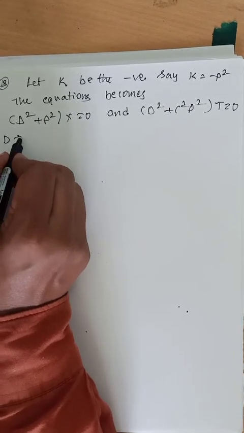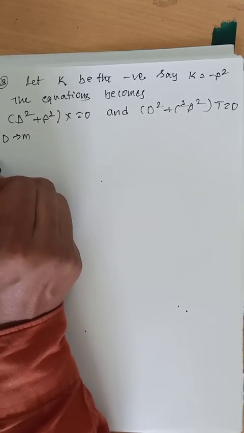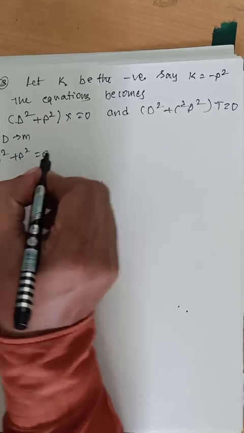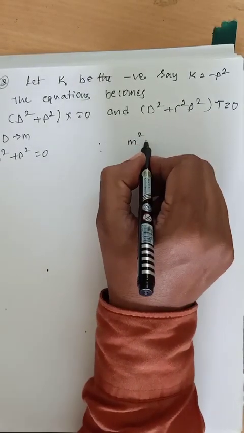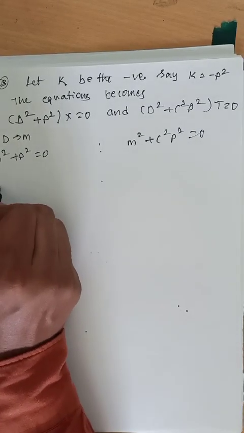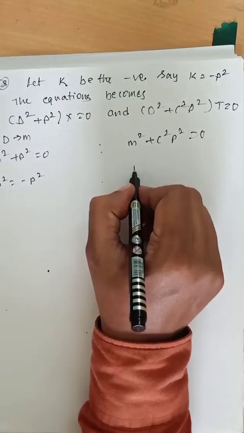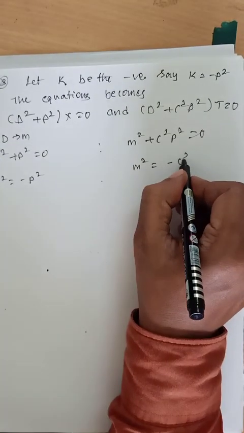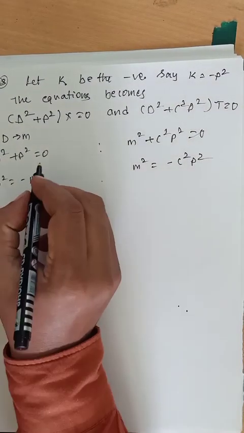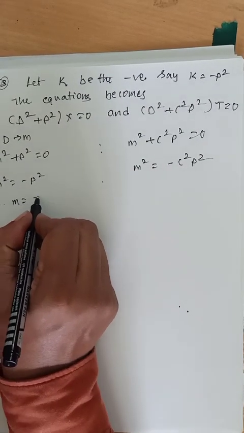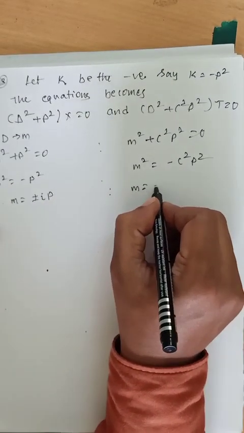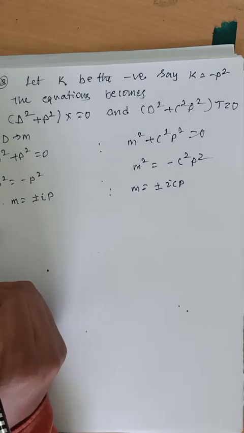Okay, replace d by m, that is the auxiliary equation m square plus p square equal to 0 and m square plus c square p square equal to 0, or m square equal to minus p square, and here m square is equal to minus c square p square. Therefore, what about m? m is plus or minus ip, and here m is plus or minus icp.